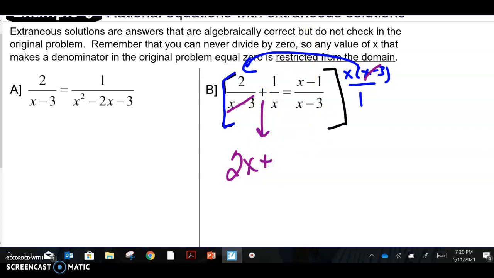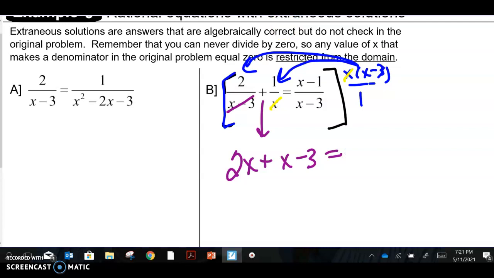plus, okay, and we'll go back to the x minus 3 being there, because we're going to also multiply this times the 1 over x, and when I do that, the x's cancel, and I have 1 times x minus 3. Well, 1 times x minus 3 is just x minus 3.